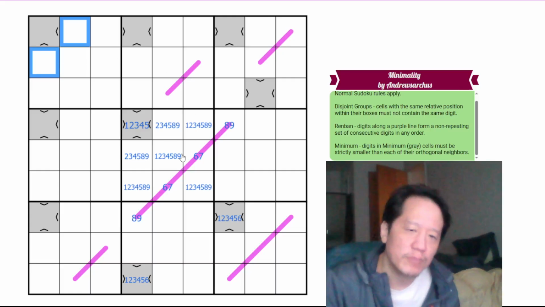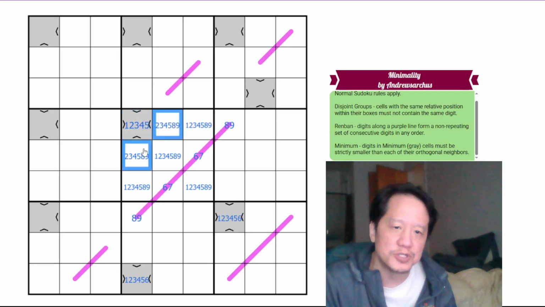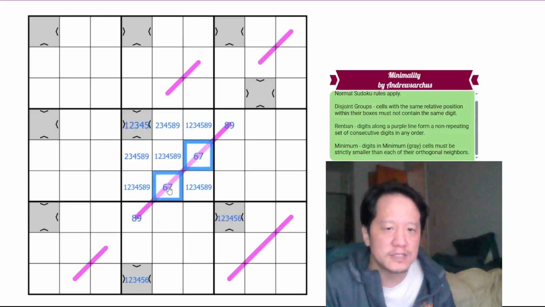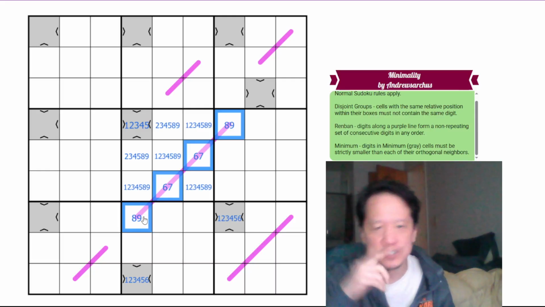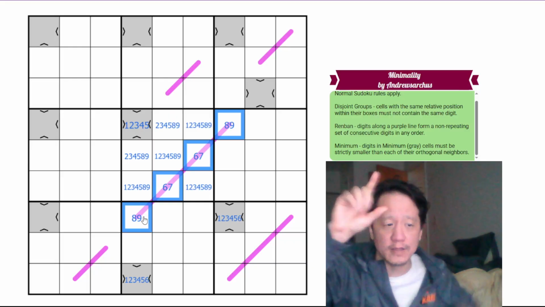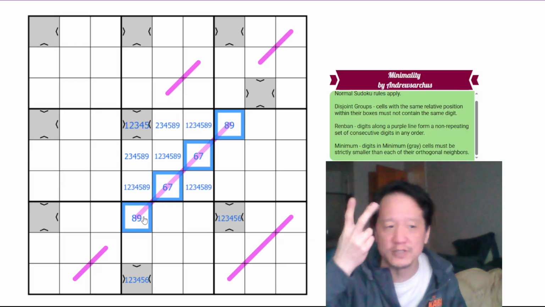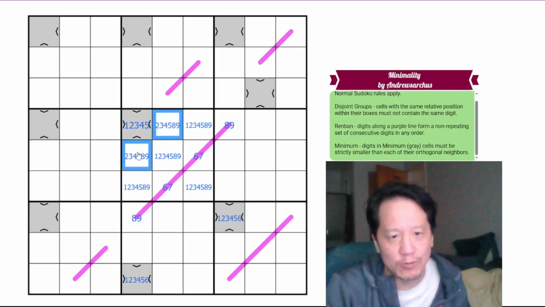Interesting. Okay. If we have a 5 here, that would guarantee that these two digits have to be 8 and 9. Right? Because 6 and 7 have to be here on the Renban to make this a set of consecutive digits, because we're guaranteed both 8 and 9 there. To form a 4-length Renban with 8 and 9, you have to have 6, 7, 8, and 9. So if this were 5, that would guarantee this is 8 and 9 as a pair.